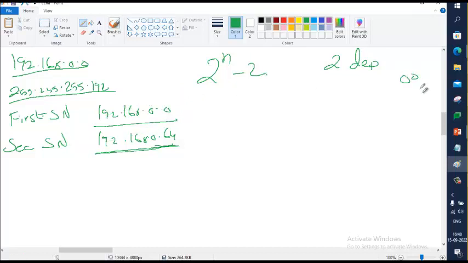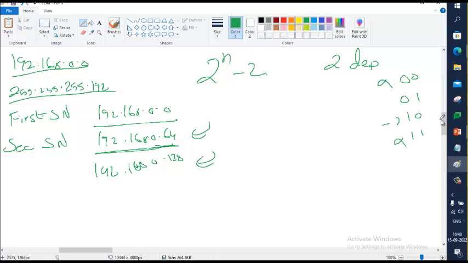All 0s they don't want, all 1s they don't want. In that case, this is the second subnet, which is 128. Is it right? Yeah, 128. So if the question says subnet begins with 0th subnet, then this is the second subnet. If they don't mention anything, then this is the second subnet. You got it? Wonderful.